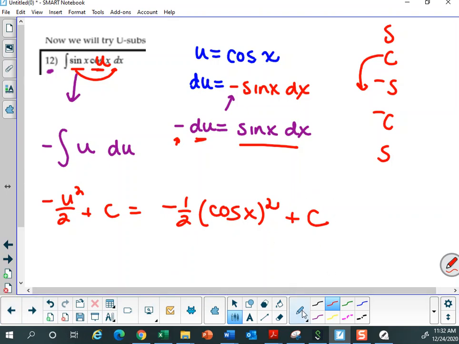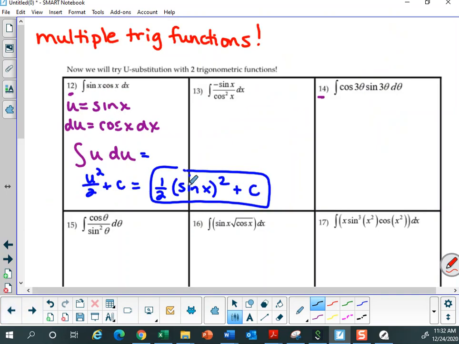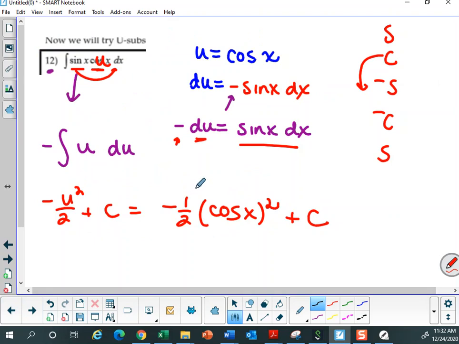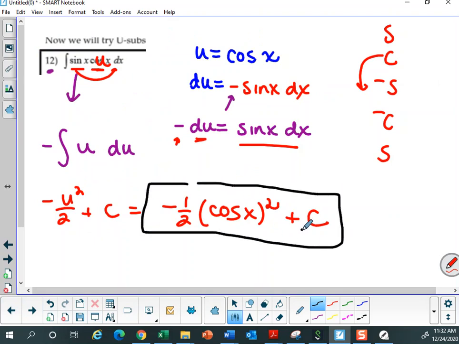What makes it a little confusing, though, is that the c in both of them is not equivalent. So when I wrote this as my answer for number 12, and somebody else would write this as their answer for number 12, the c values would be completely different.